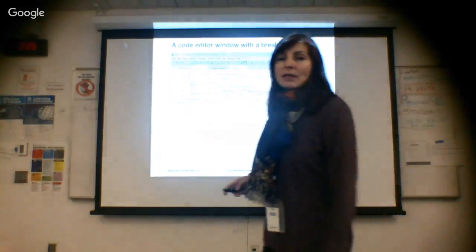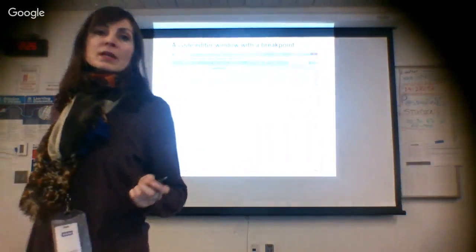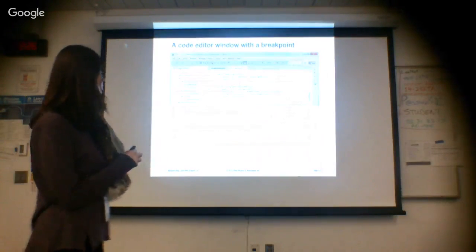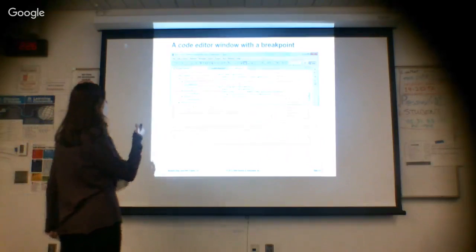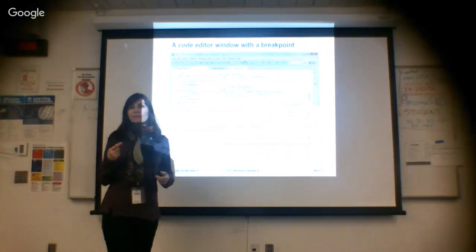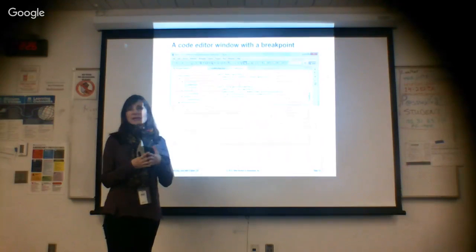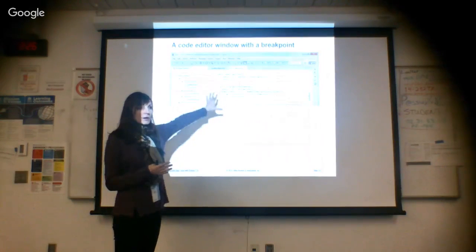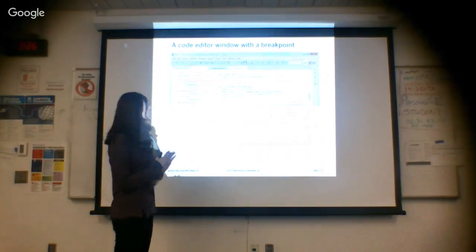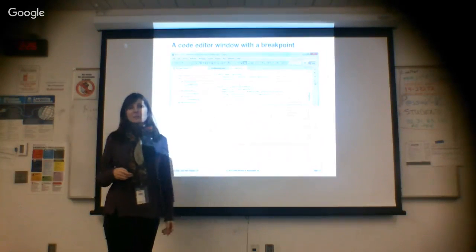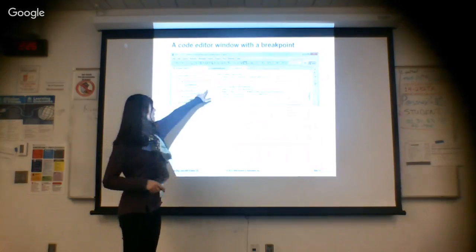And next, finally, we're getting to the debugger. I'm going to show you in a moment, but first just a couple of slides. So in Eclipse, one of the differences between a code editor and an IDE is that an IDE comes with a debugger, which is a very powerful tool. The debugger allows you to do some debugging, including setting a breakpoint.